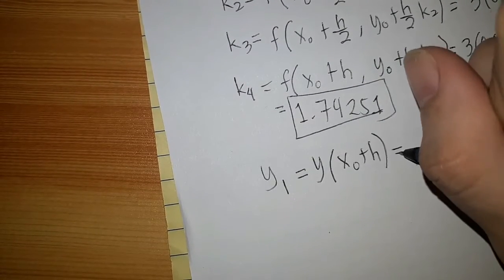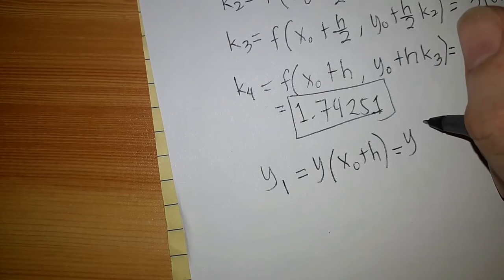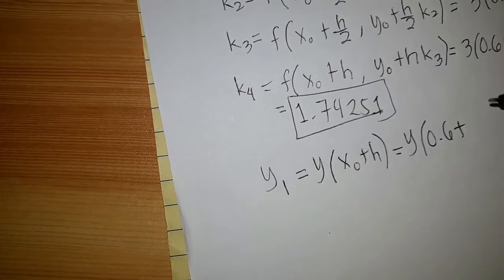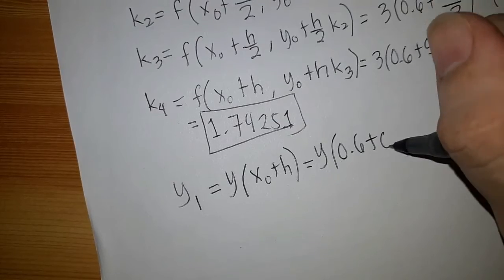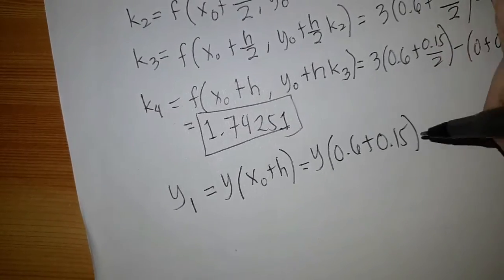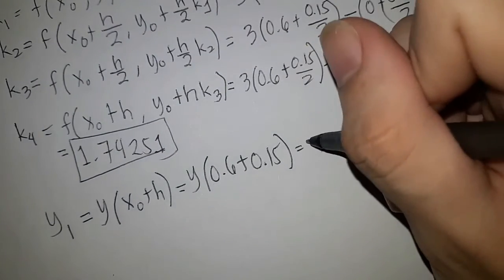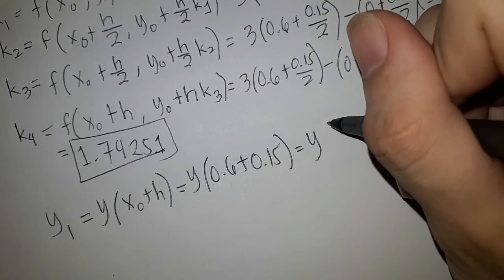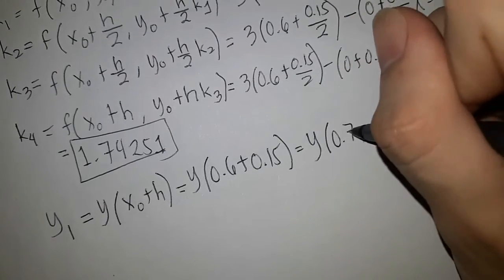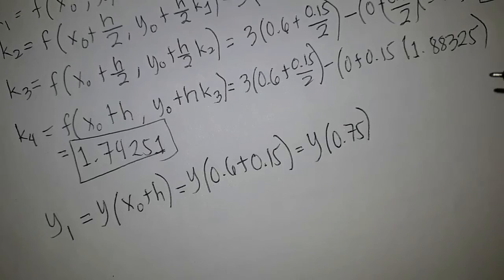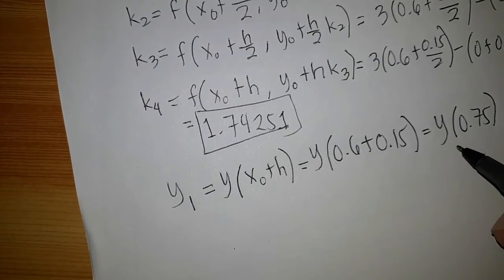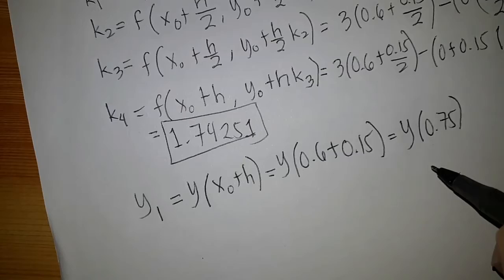The value of this is 0.6 plus the step size, which is equal to 0.15, and this will become y at 0.75. So we can now solve for the value of y at 0.75.